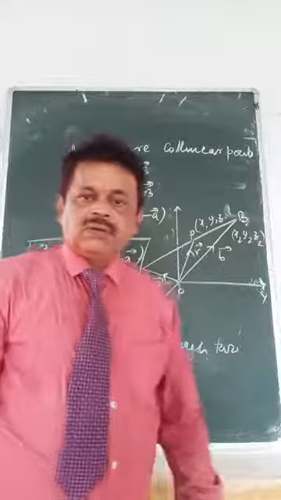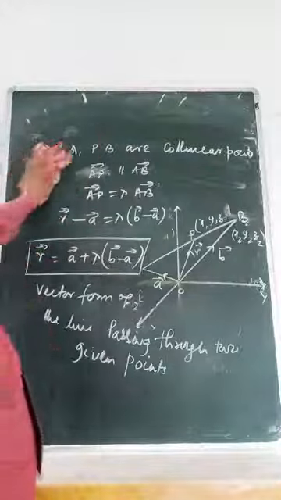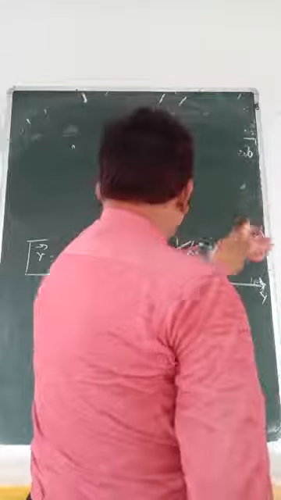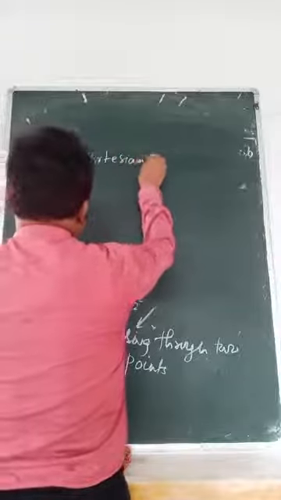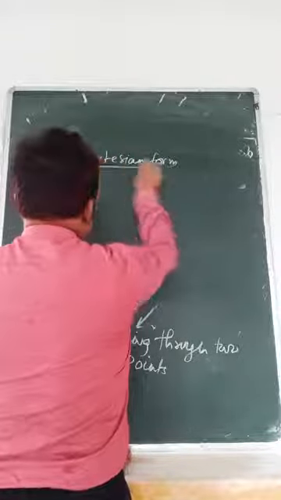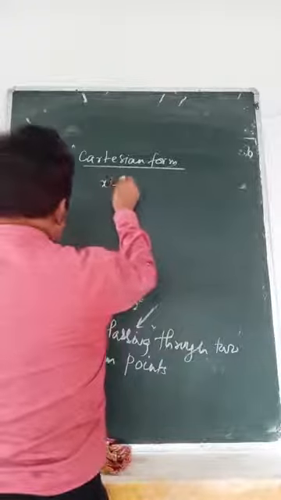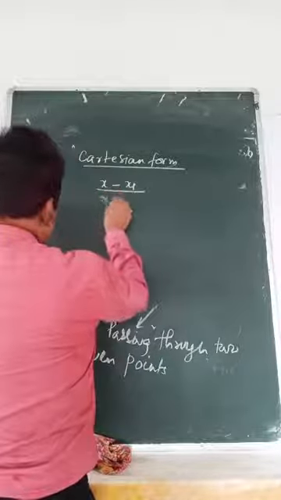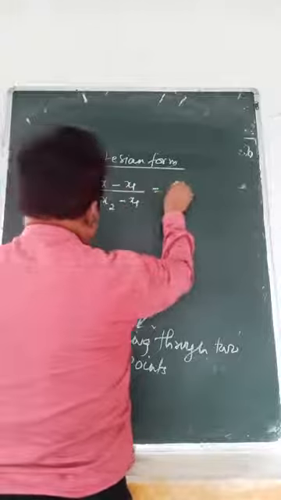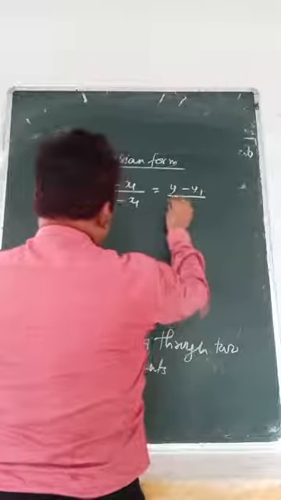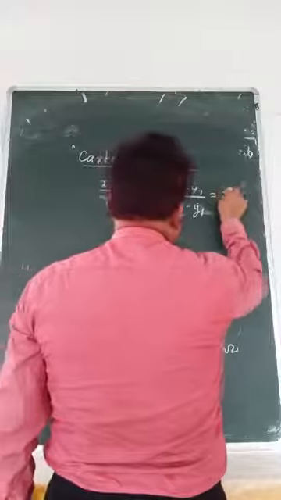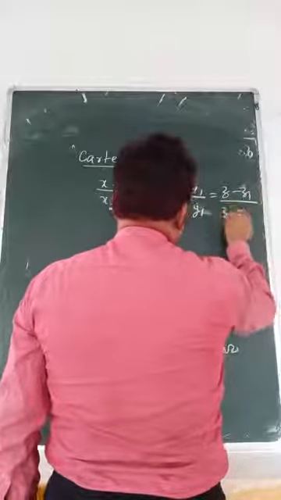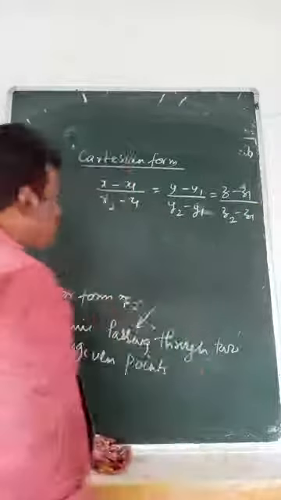Okay, if you convert this to Cartesian form, directly you can write Cartesian form, that is x minus x1 by x2 minus x1, y minus y1 by y2 minus y1, z minus z1 by z2 minus z1. So this is Cartesian form.